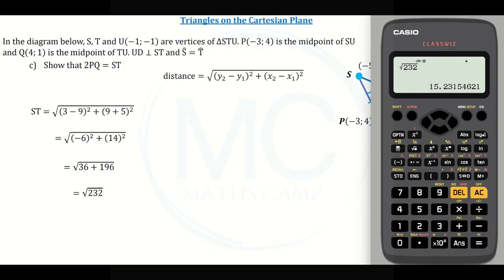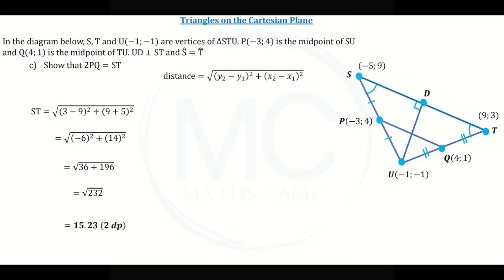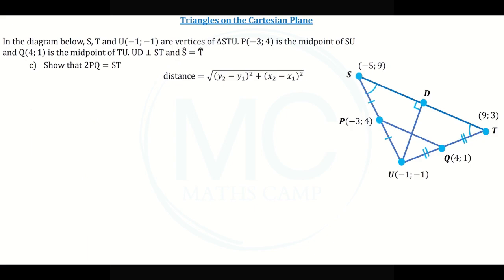Now we don't want to write down the whole number, so we can write our answer as 15.23 to 2 decimal places. Next we need to find the length of PQ. So let's make some space, and we can make a note of the length of ST over here.